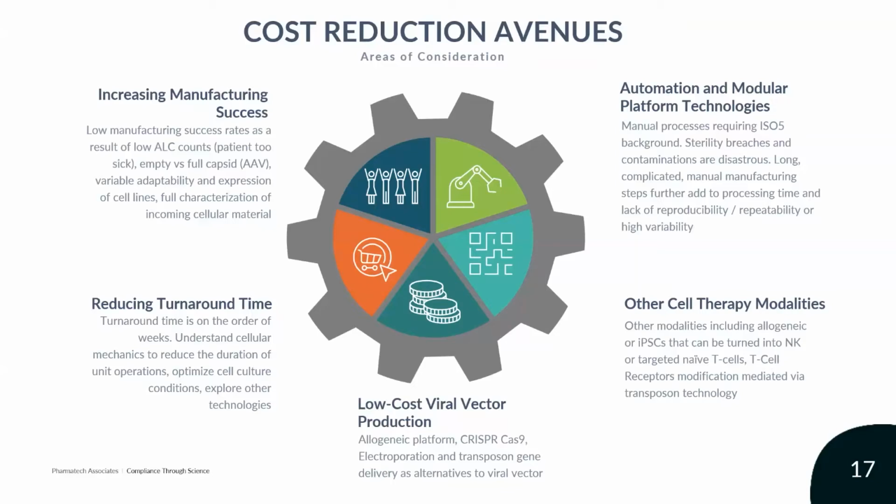So we'll talk about some CRISPR-Cas9 technologies, transposon electroporation, and then the last two that we'll discuss are automation and modular platform technologies that can reduce error rates, really enable multiple parallel lot processing, and hopefully just automate manual manufacturing to the point where you don't have to be so concerned about re-cleaning the room prior to introducing another lot, or having chain of identity concerns.